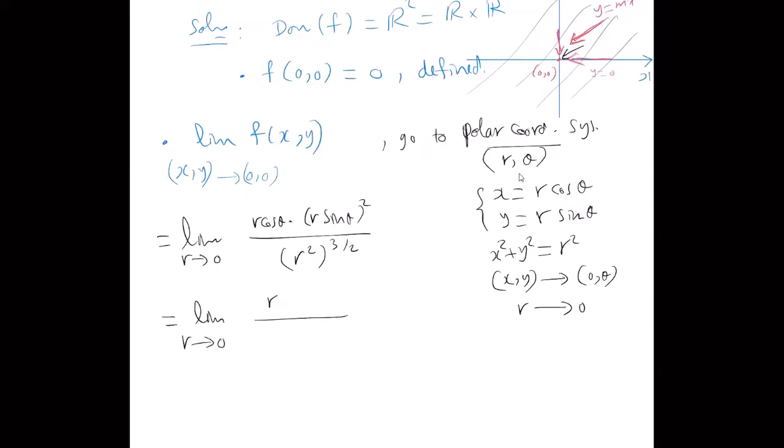This is r cubed, yes? Cosine theta, sine squared theta. Here we have r cubed, so it does not depend on r. Yes, it cancels.